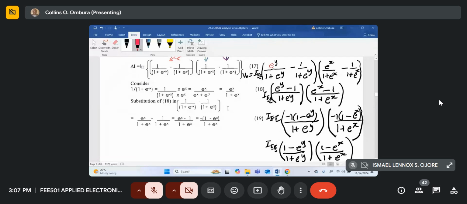Then the whole bracket, which is 1 divided by 1 plus e to the minus y minus 1 plus e to the positive y, becomes similar to this expression which we did for x, and we'll get minus into brackets 1 minus e to the y, all divided by 1 plus e to the positive y.